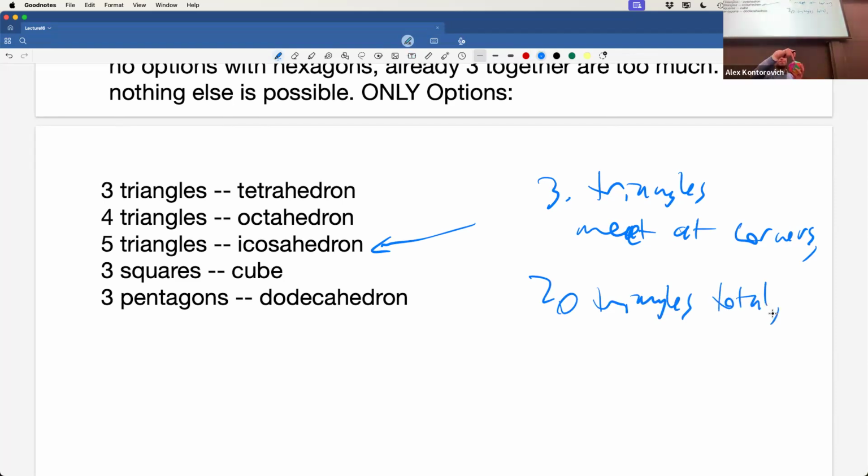We know how many sides, but how many corners? There's 1 corner on top, 1 corner on the bottom. Then there's 5 as you go around this inner pentagon, and 5 as you go around that inner pentagon. So number of corners: 12 corners, 12 vertices.